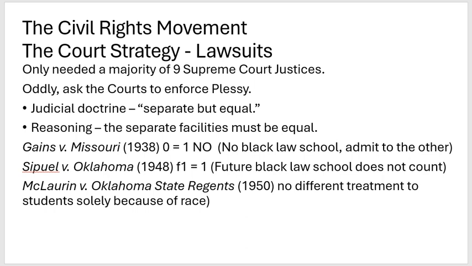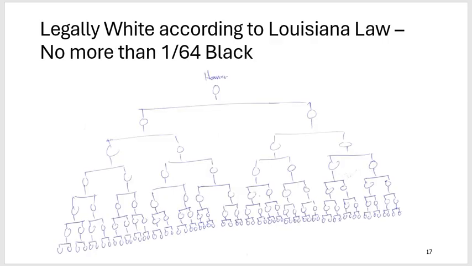So you're living in this era. So 1896, Plessy is established, and it creates a system where the governments can legislate and have this two-tiered system of equality.